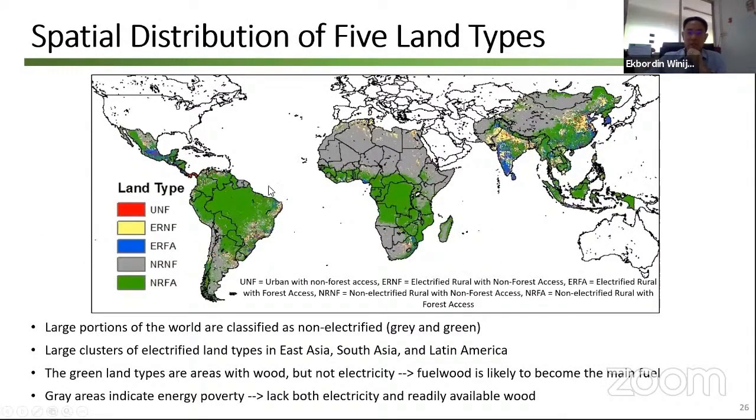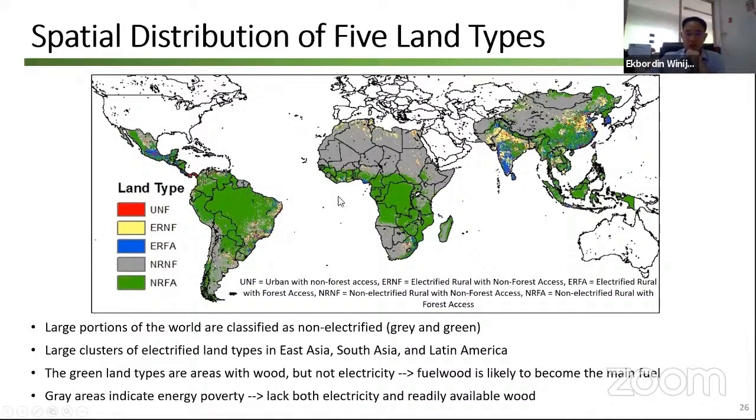And this is the spatial distribution of the 5 land types: the urban area, then 2 rural areas that have access to electricity, and 2 areas that don't have access to electricity, with access to forest and without access to forest. As you can see here, most of the area in this world is either green or gray, meaning that most of the area in the world doesn't have access to electricity.